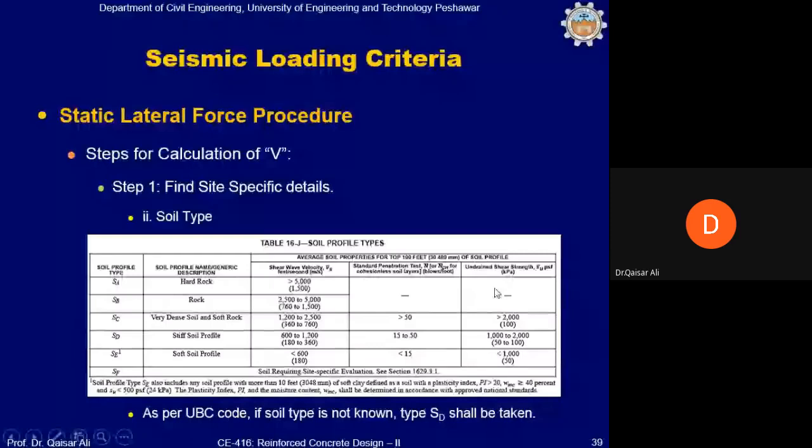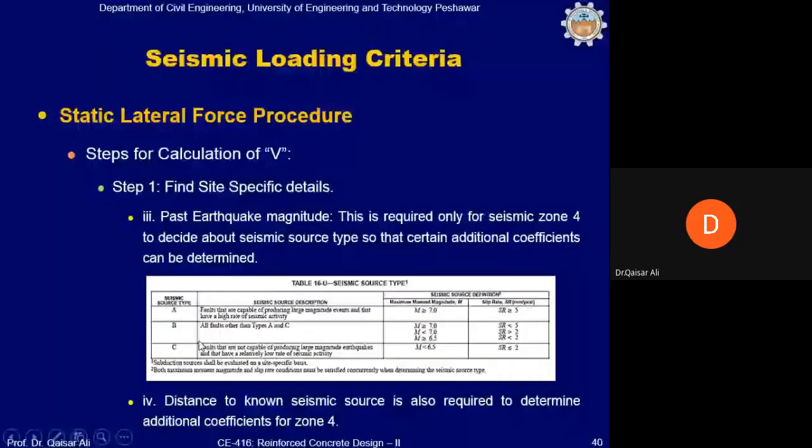And then we have undrained shear strength. So with this, we will be able to know the soil type. Once we have this test data, we go further in site-specific details.